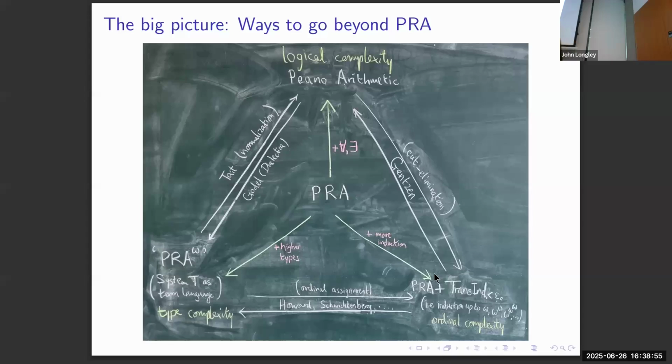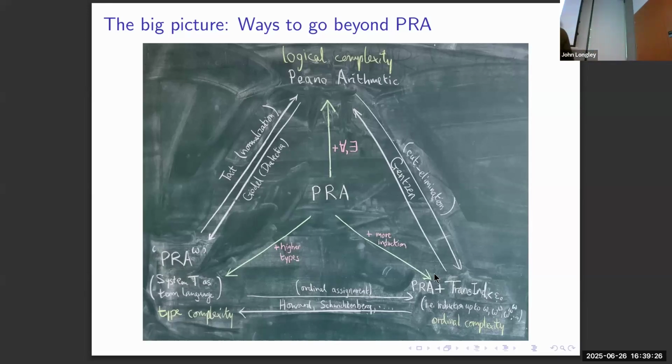On the right-hand side of the picture, we've got the work of Gentzen, who in fact looked at both of these directions. The downward direction from logical complexity to ordinal complexity, that's the idea of cut elimination. So Gentzen managed to eliminate the logical complexity in favor of the basic language of PRA, but with a new transfinite induction rule that lets you do this.